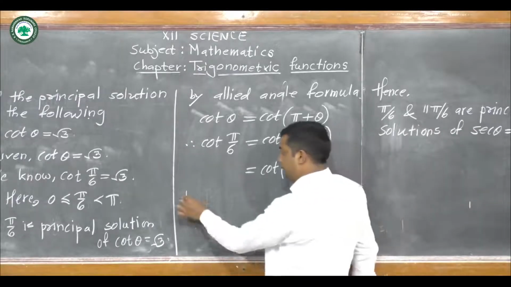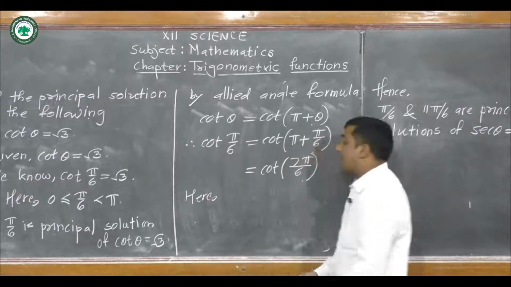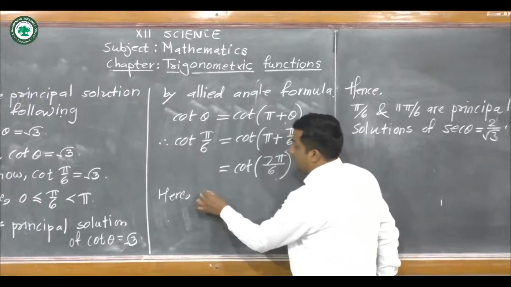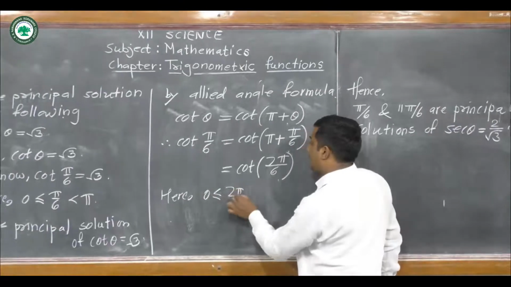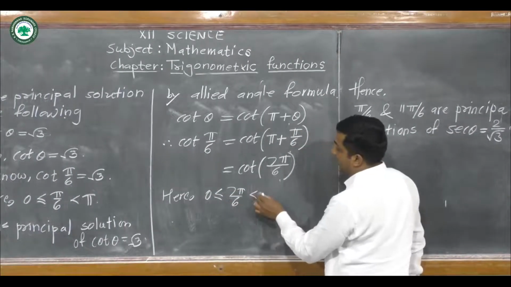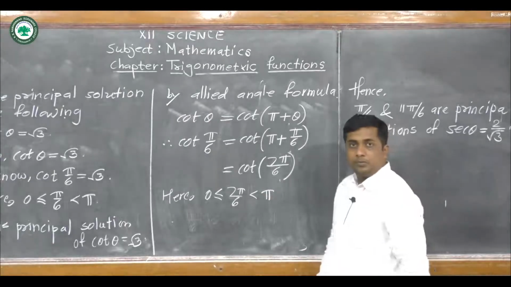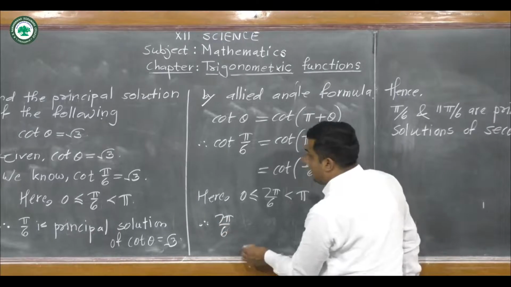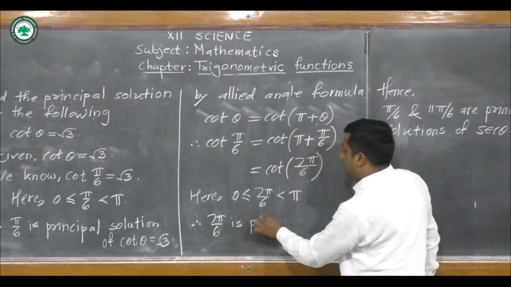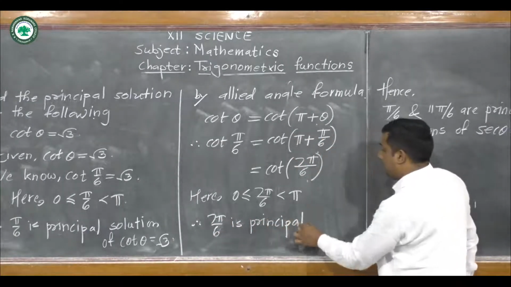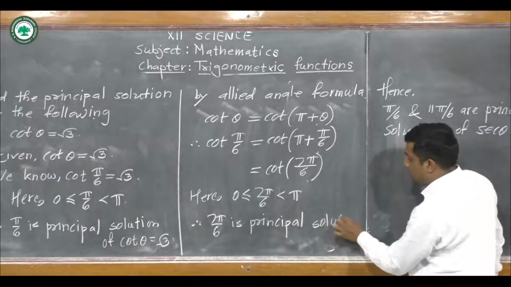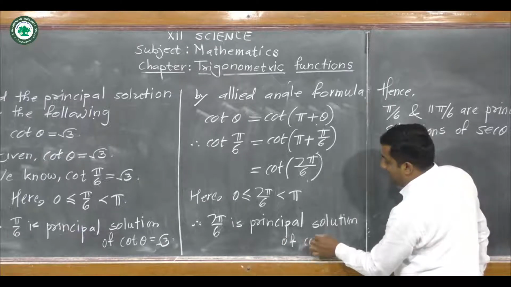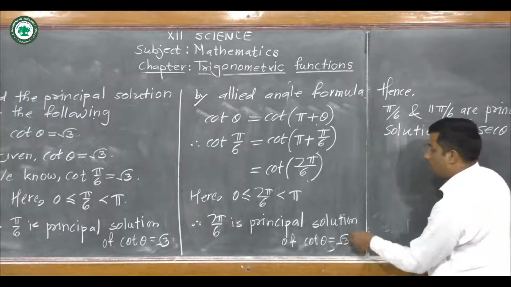Now this 7 pi by 6 lies in between 0 and pi. That is, 0 is less than or equal to 7 pi by 6 is less than pi. Hence, I write therefore 7 pi by 6 is principal solution of here cot theta is equal to root 3.